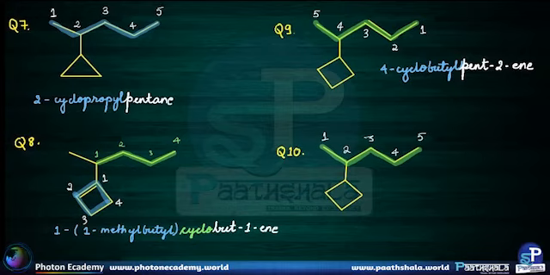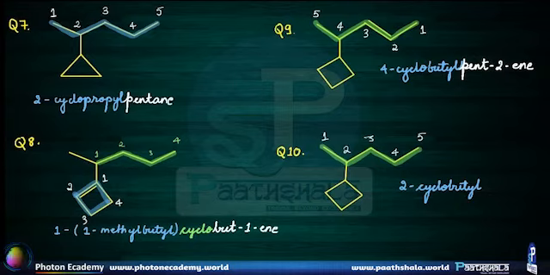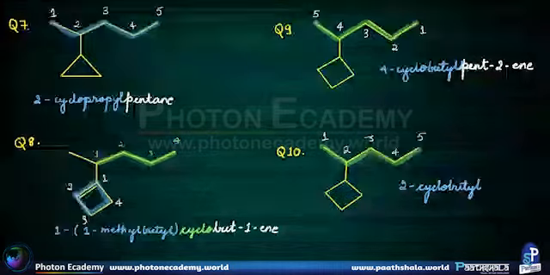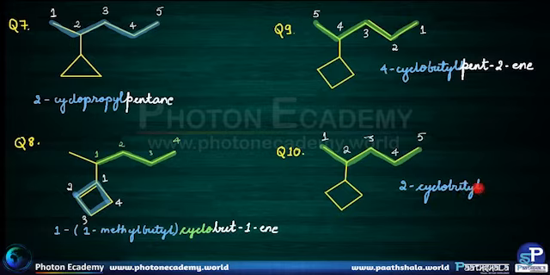So, the prefix for this compound will be 2-cyclobutyl, because there are 4 carbon atoms present in the cyclic ring, so the name for this is butyl. So, 2-cyclobutylpentane. This is the correct IUPAC name for this compound.